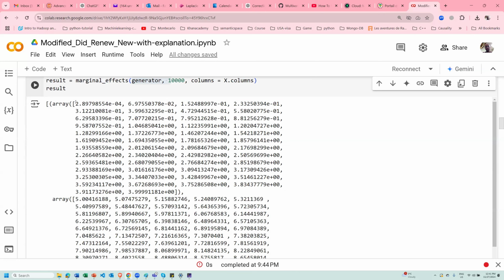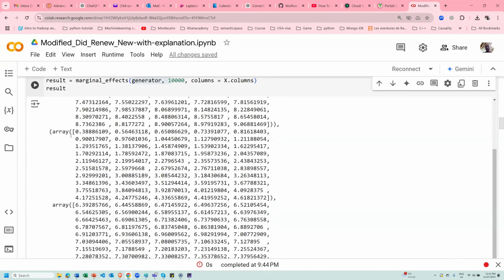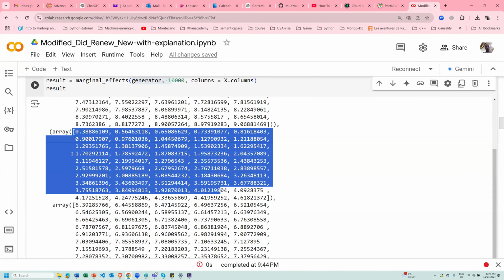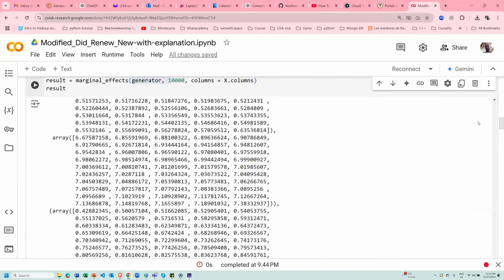For example, it means that for 2, I have the marginal effect calculated as 5, right? For 6, I have this, et cetera. But it's not 6, because it's to the power of 10 or minus 2, right? That's it, so these are interpreted like this. Here we have data, and then we have the corresponding values.